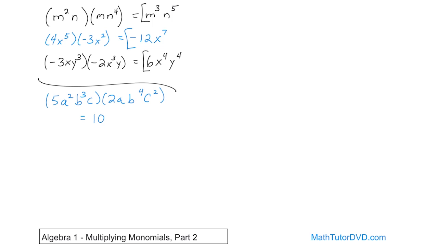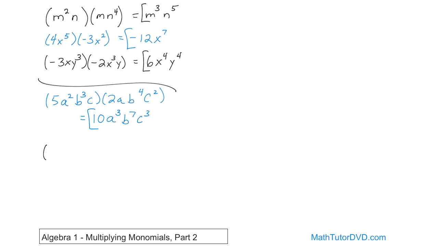And everything's multiplied together. All this stuff is multiplied by all of this stuff. So we have a base of a and an a here. So 2 plus 1 is 3: a cubed. We have b cubed and b to the fourth, same base, so it'll be b to the seventh. And then we have c and c squared, so it'll be c cubed. So it's 10 times a cubed, b seventh, c to the third power.